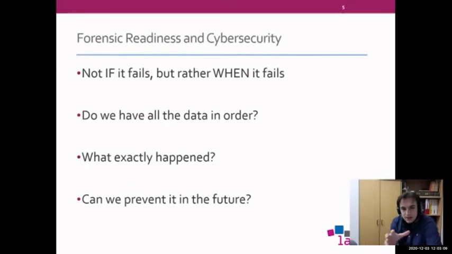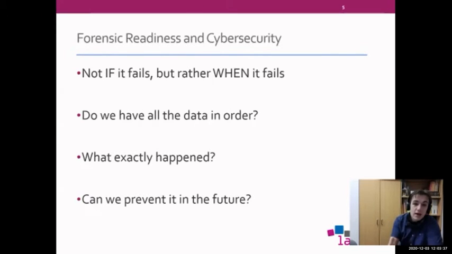Now, this highly correlates with cybersecurity, because in systems, cybersecurity is not the question of if the system fails or if there will be an attack. The question is rather, when will the attack happen? When will it fail? When will there be an incident?